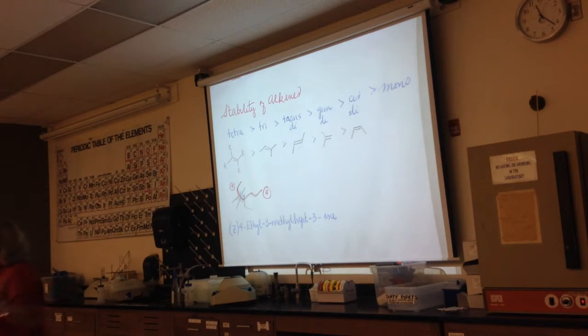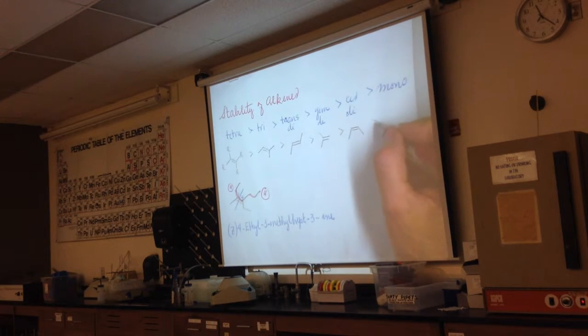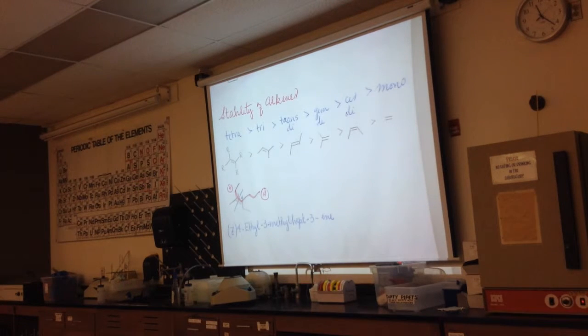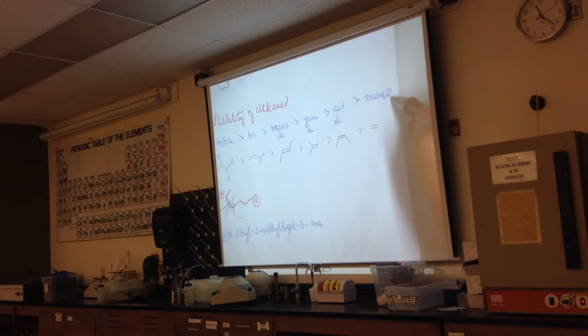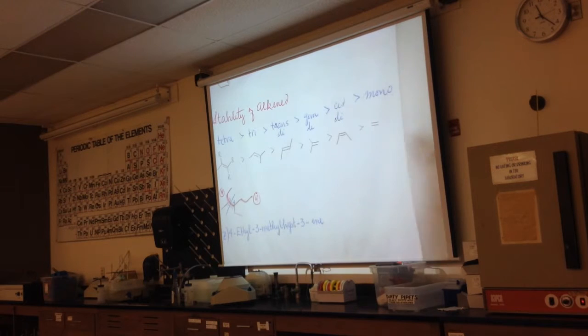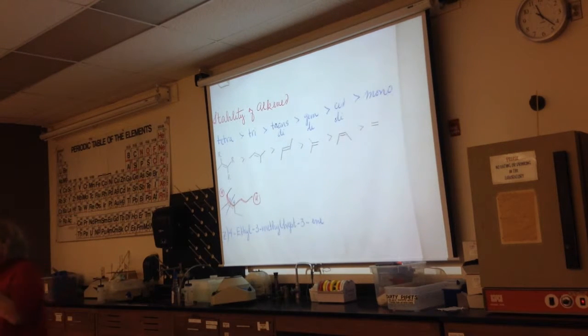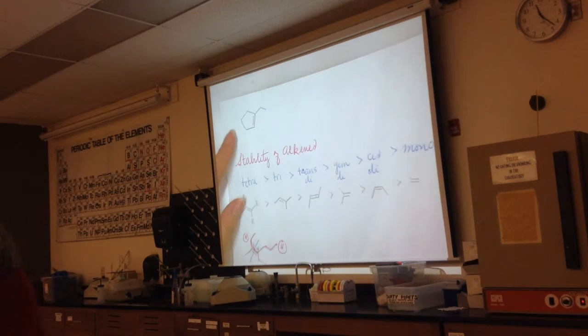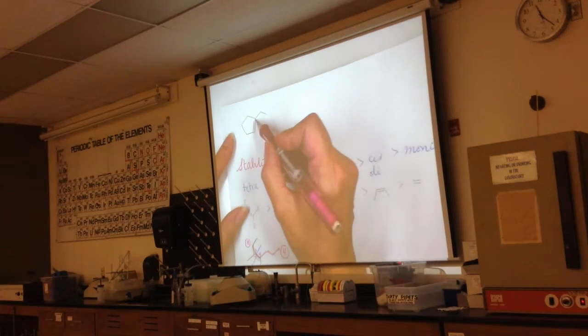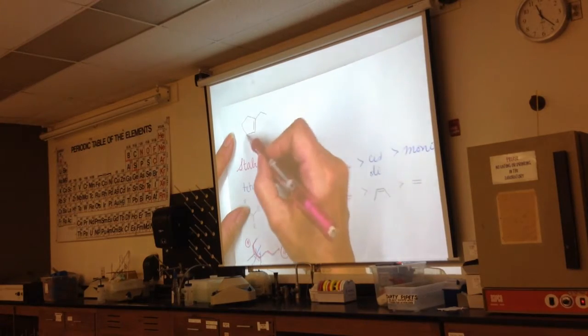And then your mono, well, it all started with the mono. Mono, by the way, monkey in Spanish. You learn one new word now in Spanish, mono, monkey. Mono doesn't have anything, it's ethene, so you started with ethene. So that's the stability of the alkenes. When I come back here, and I ask what type of alkene is this, you can see that you're substituted to 1 carbon, to 2 and to 3.